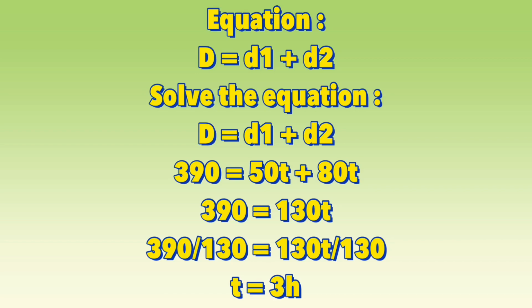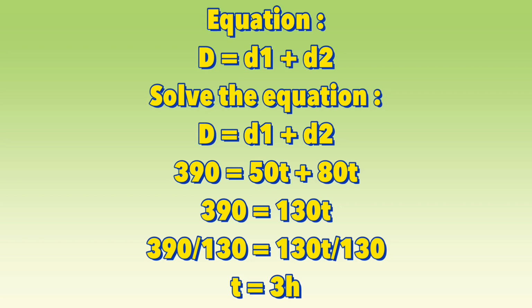And 390 just copy, and we have to divide both sides by 130. So 390 divided by 130 equals 3, and 130t divided by 130 equals t. So therefore the time is equal to 3 hours.